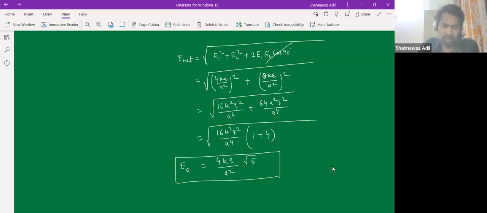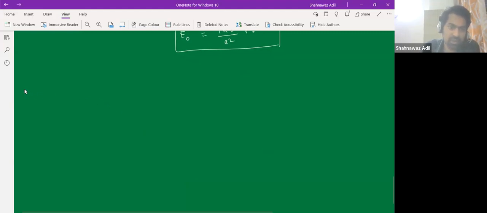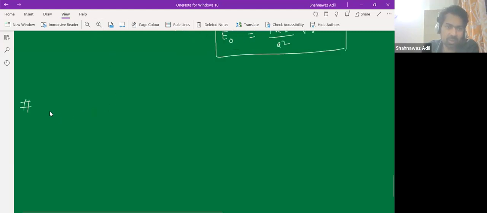So the next thing which is important is, these electric fields have peculiar properties.